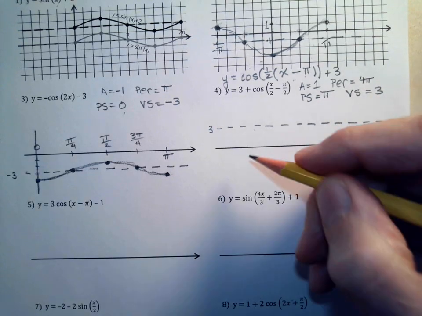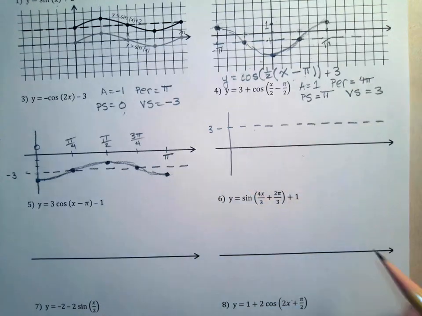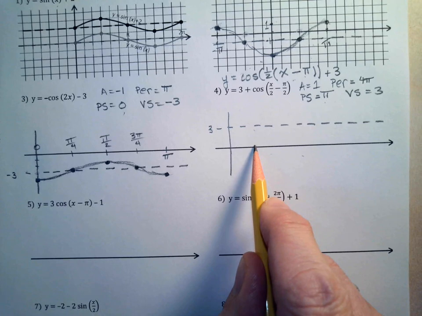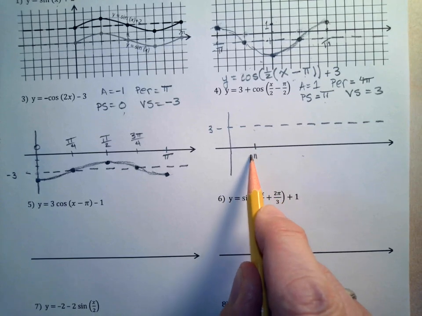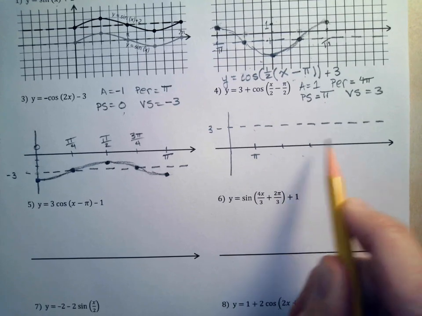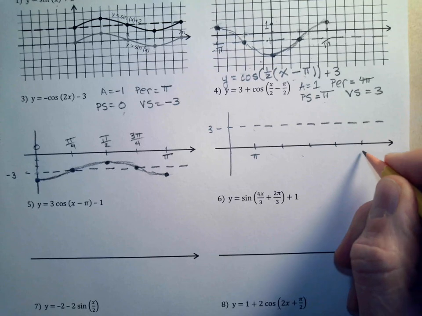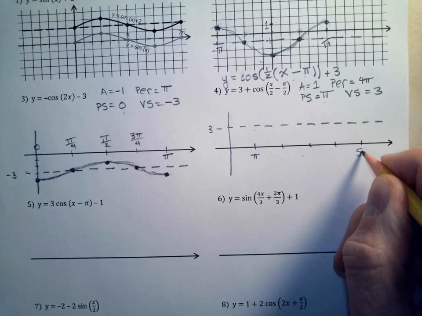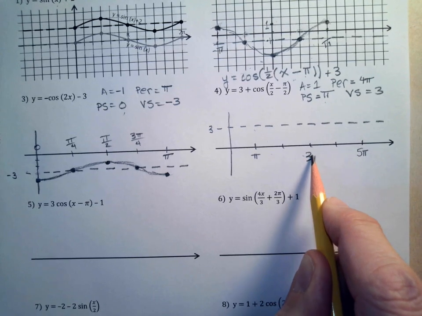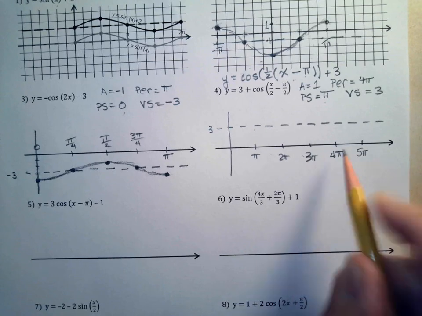Our phase shift is pi. So let's go ahead and just put in our y-axis. I'm going to start here at pi. And then I'm going to go 4 pi away. So that's 1, 2, 3, 4, so that we're roughly to scale. So that's 5 pi, 4 pi away. Cut that in half, that's 3 pi, that's 2 pi, and that's 4 pi.